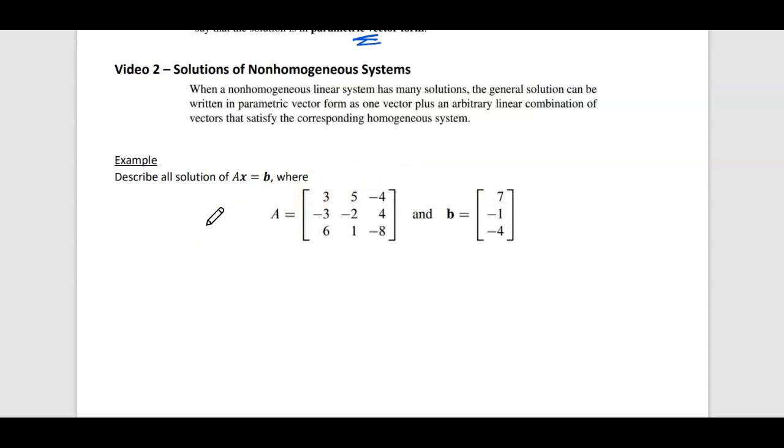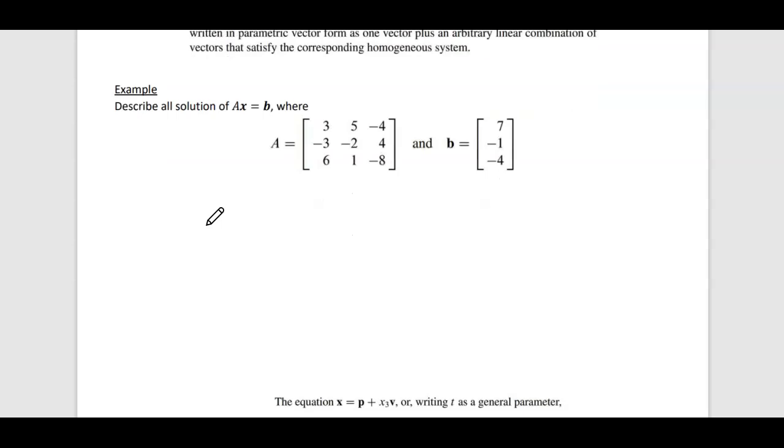So describe all the solutions of Ax equals b, where we have our same A matrix from our other example, and b equals a non-zero vector. So let's go ahead and get this set up in our augmented matrix.